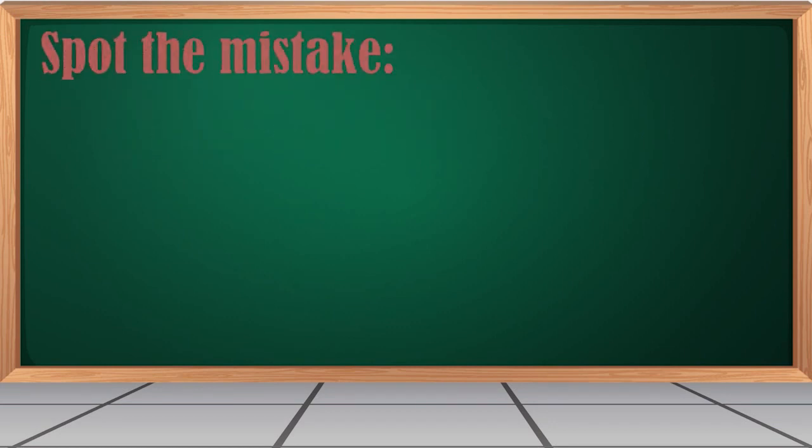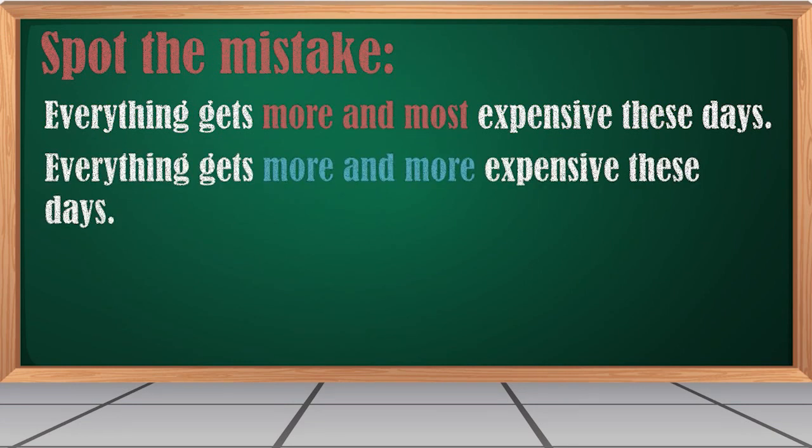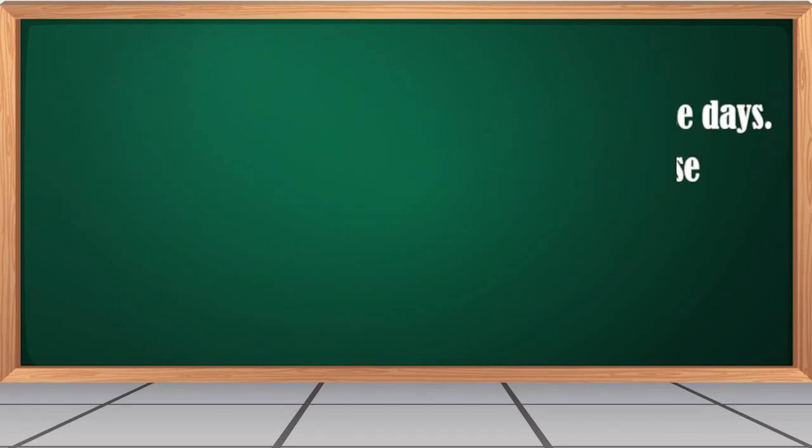Let's practice. Spot the mistake. Everything gets more and most expensive these days. So, where is the mistake? So the correct answer is everything gets more and more expensive these days. Not more and most. More and more. Another practice.